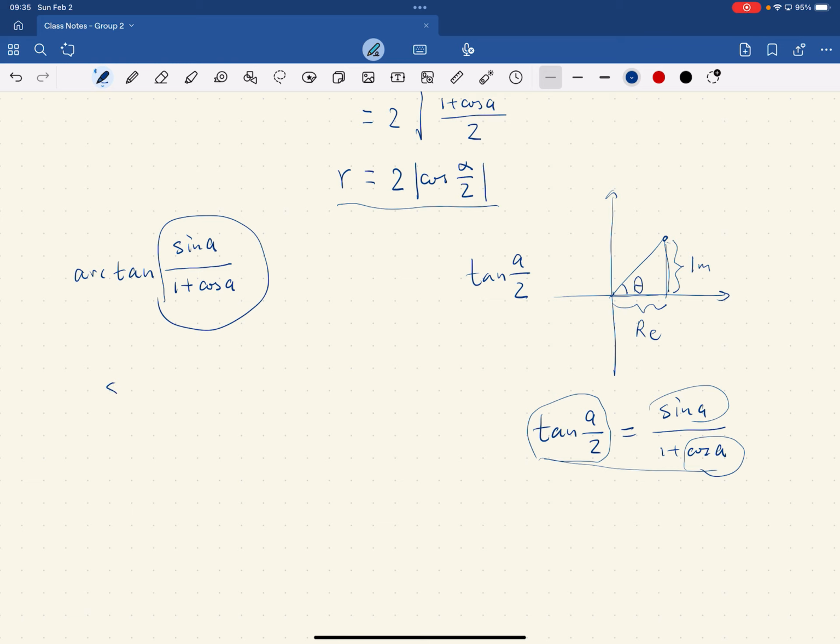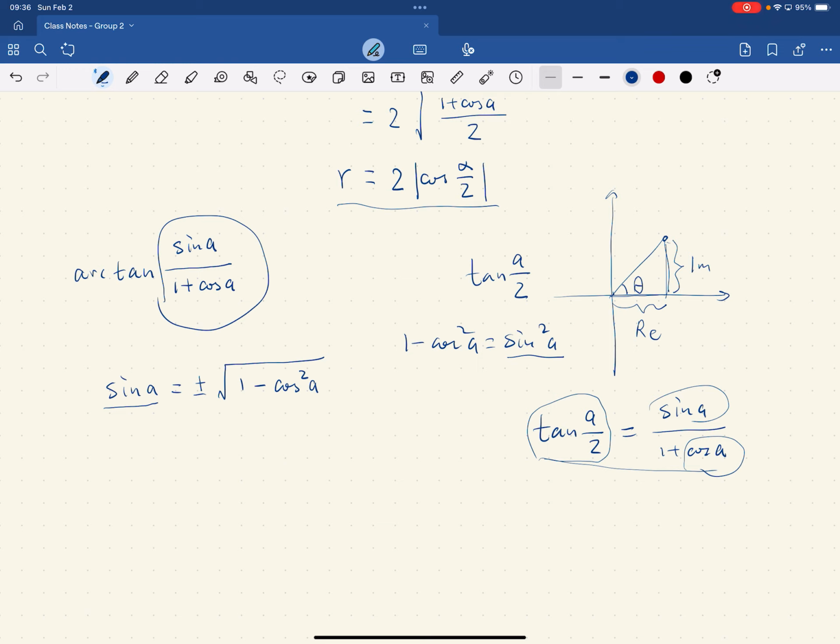Well, we can write sine alpha as plus or minus root 1 minus cosine alpha squared, because 1 minus cosine alpha squared is sine alpha squared. So then you take the square root of it, and it'll give you sine alpha.